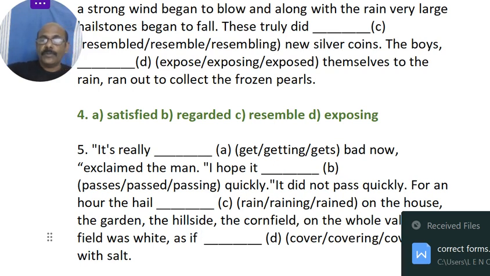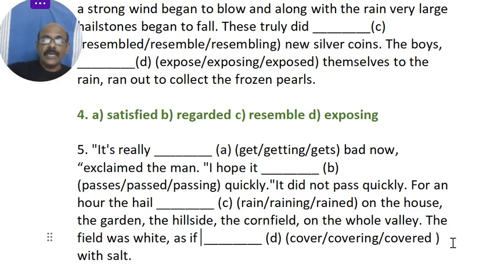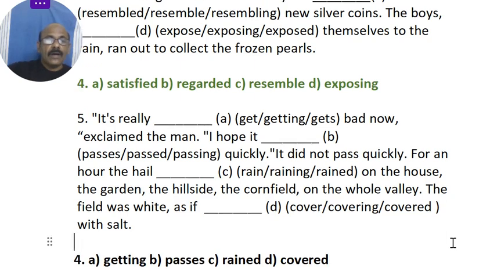Now going to the next one. Here we are verifying the little difference. Here present tense is coming because it is in the inverted commas, and also here I hope it passes, because the verb which is going to be here just reports like that, hope is there, present tense, so passes.